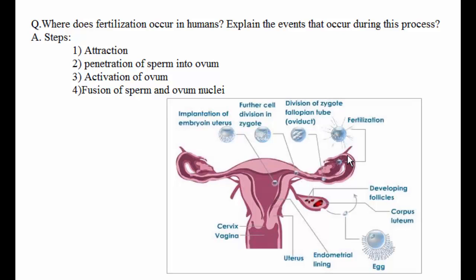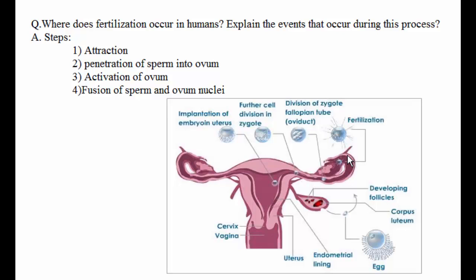Next, activation of ovum. Consequent to penetration of the sperm, a series of changes are brought about in the egg cortex. Dark cortical granules appear below the cell membrane in the cortex and migrate through the plasma membrane.